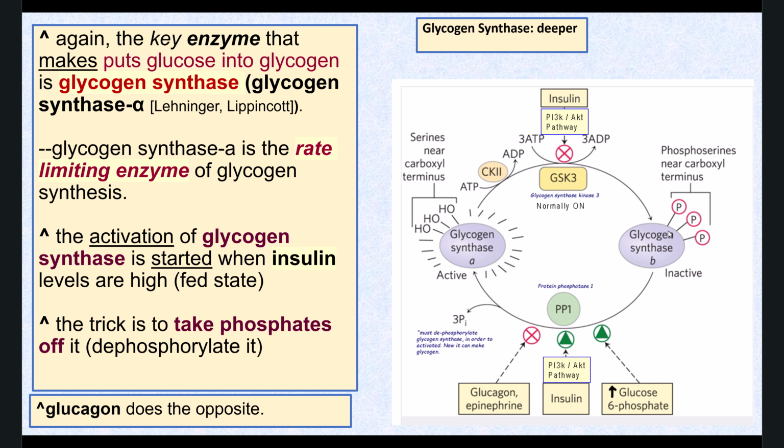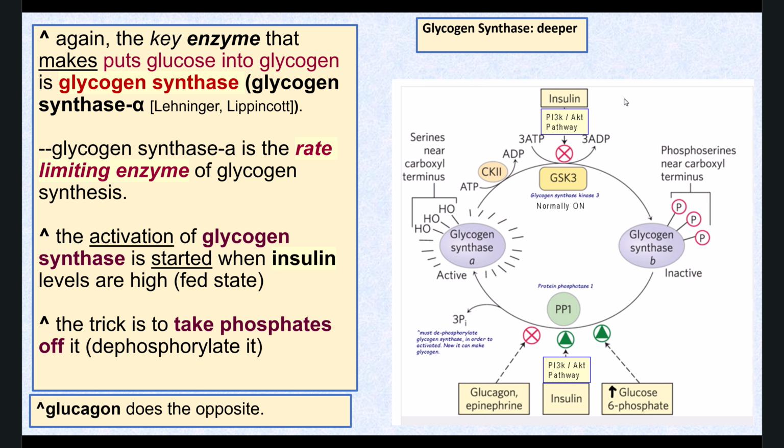So in order to wake this up, we need to do a couple things. Notice insulin is up here. You can think of this as a hepatocyte. Insulin can't go through the cell membrane, so it binds to its tyrosine kinase insulin receptor on the cell membrane. And that triggers a pretty famous second messenger system called the PI3K AKT pathway, where AKT is the actual effector that does all this stuff.